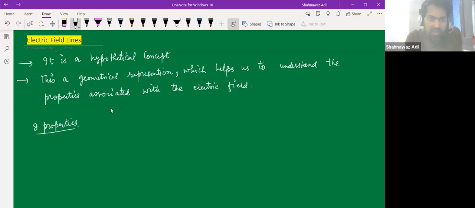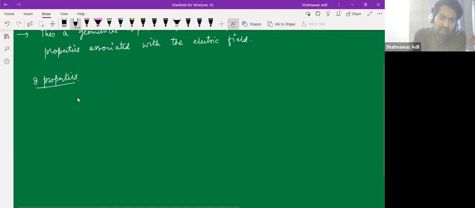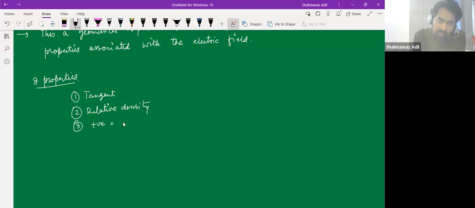So how to remember these eight properties? Just remember these important terms. One is tangent, right? Second one is relative density. Third one is positive and negative polarity. Fourth one is continuous.